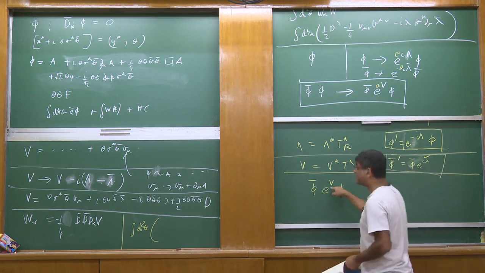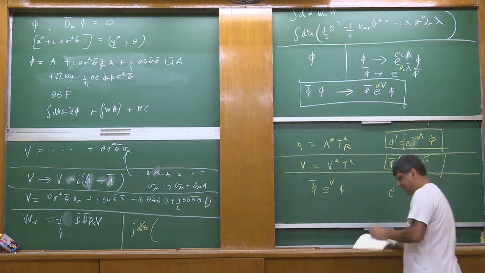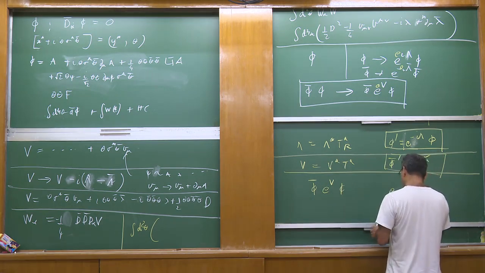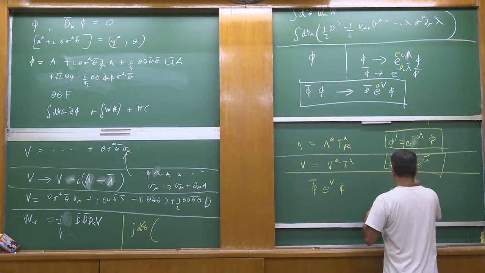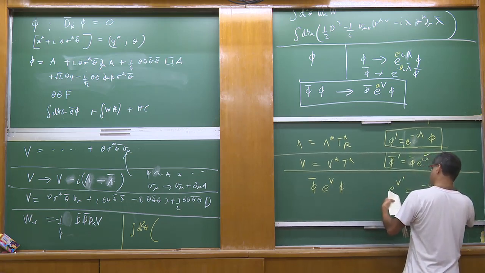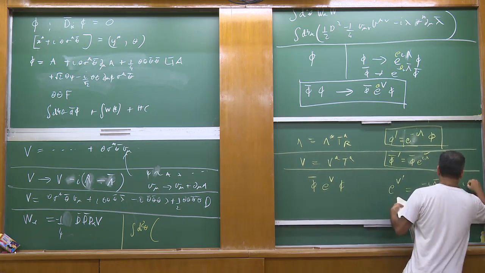So we need to know what is the transformation of V. What we want is the non-abelian version of the gauge transformation of V. So e to the power V prime is equal to e to the power minus i lambda bar, e to the power V, e to the power i lambda.